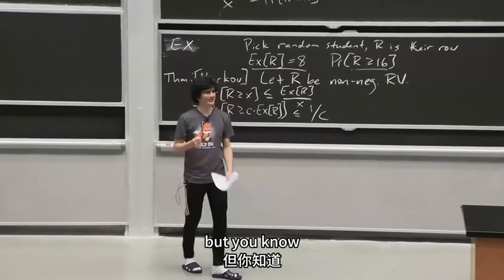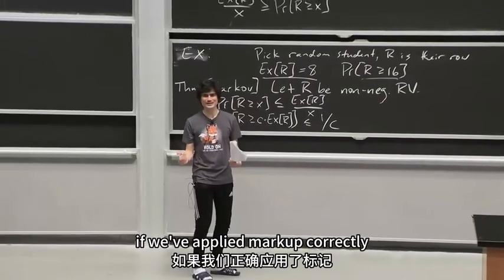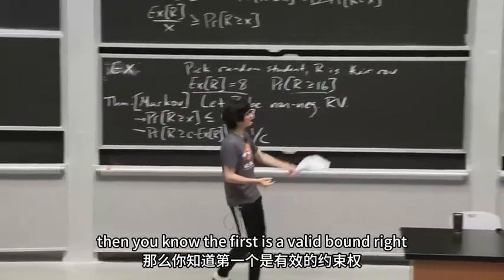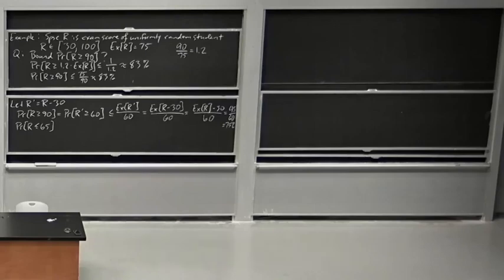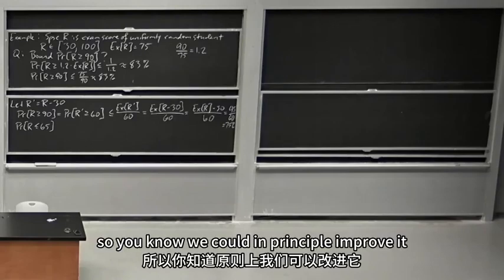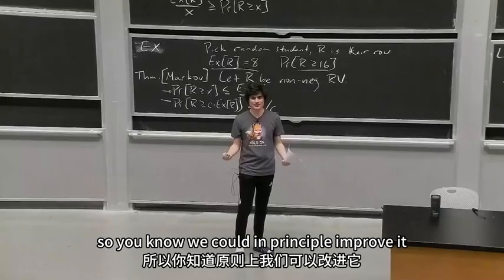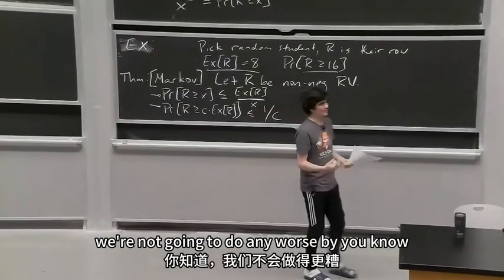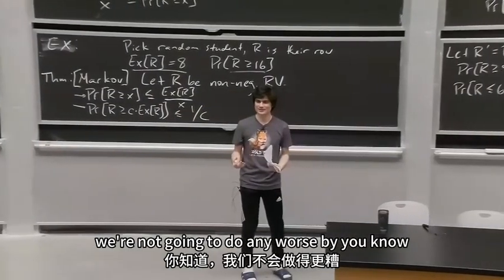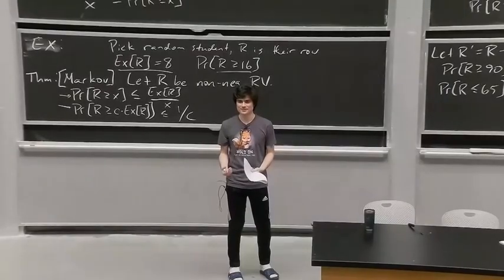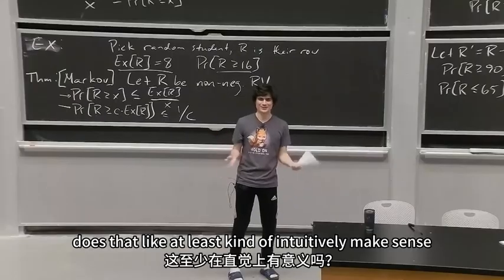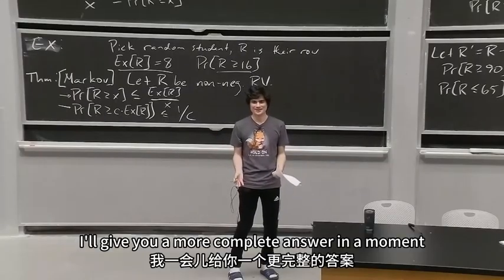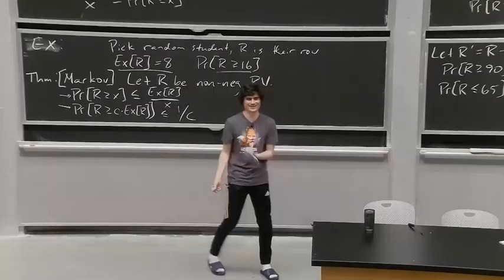But if we've applied Markov correctly, then the first is a valid bound. So we could, in principle, improve it, but we're not going to do any worse by imposing tighter conditions. Does that at least kind of intuitively make sense? I'll give you a more complete answer in a moment.